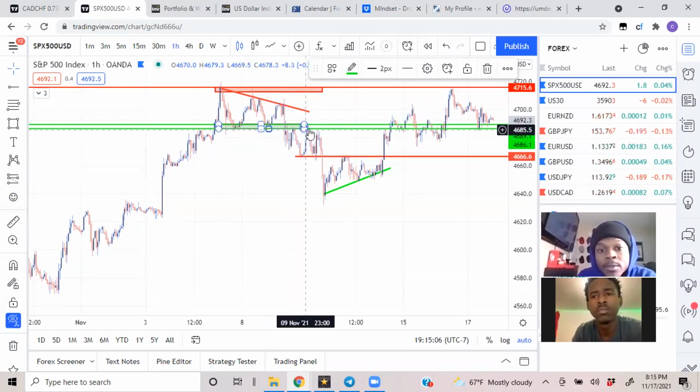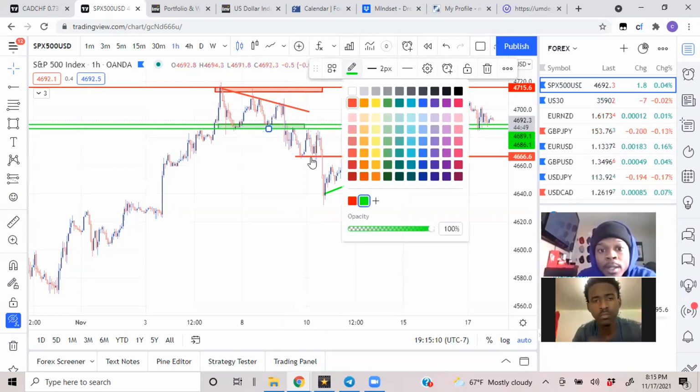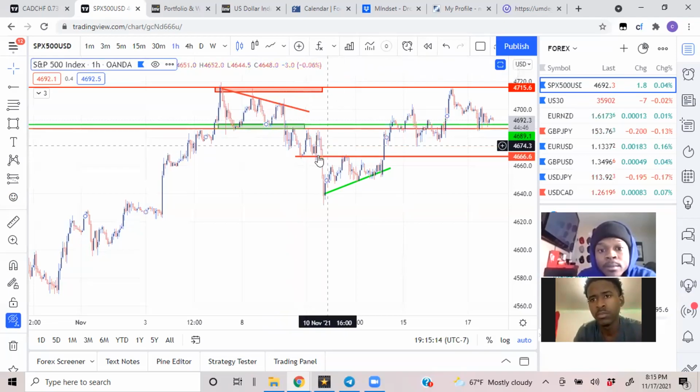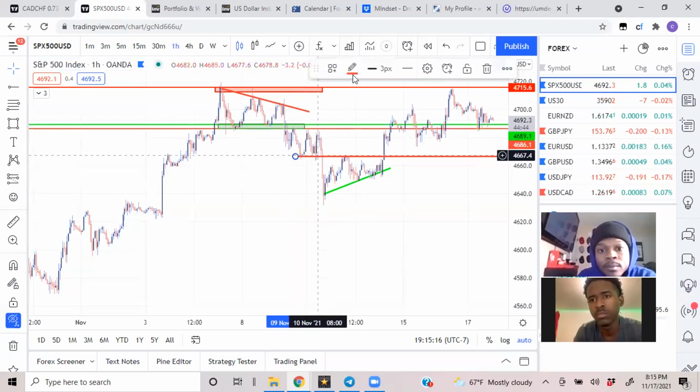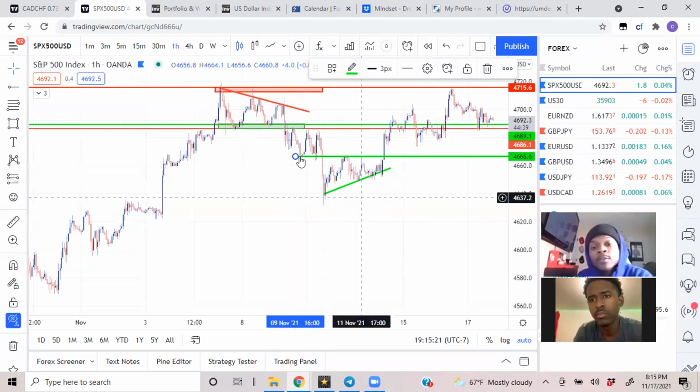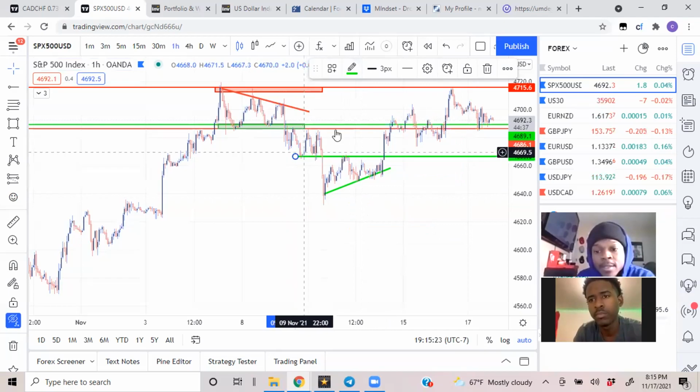So I can make this line red now. And now this is my new support line. This is my new support and this is my new resistance. Does that make sense? So now we have a new floor and a new roof.